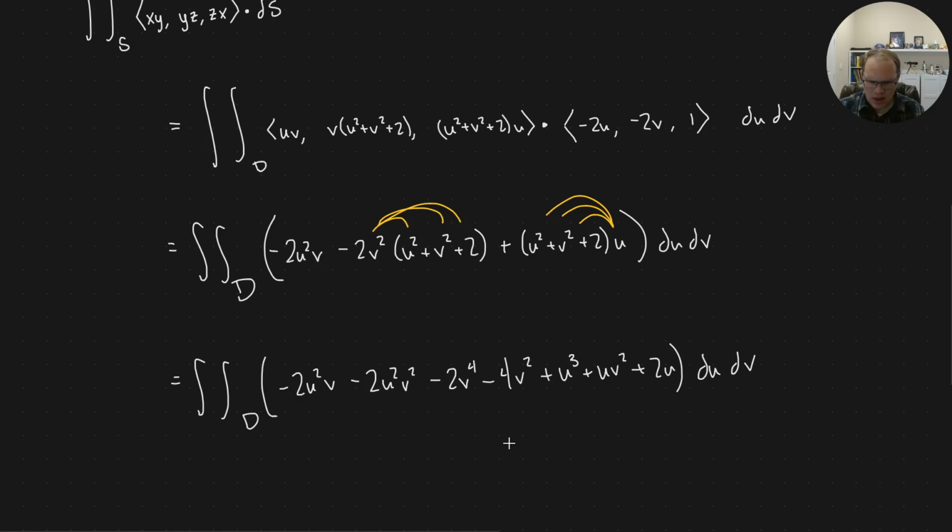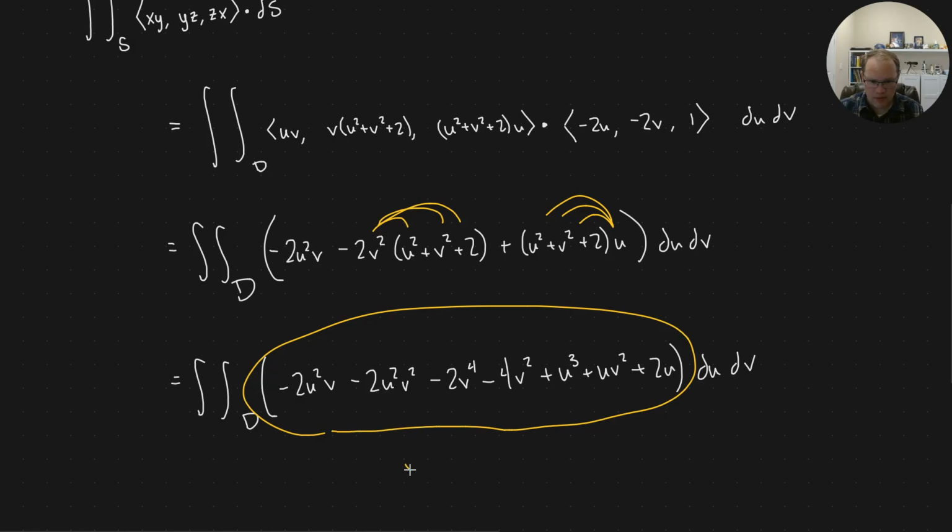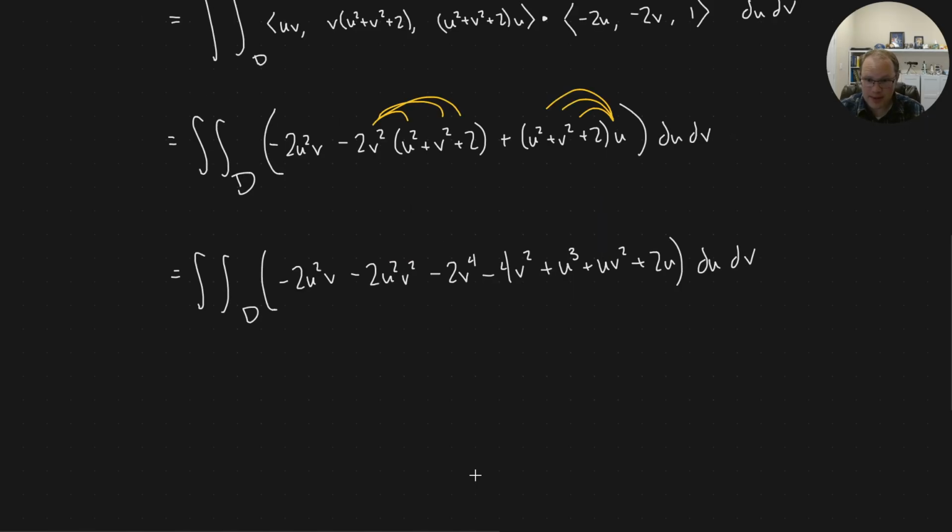Gosh, it doesn't look like I have any like terms. That's okay. It's still a fairly straightforward expression because I'm just going to be applying the power rule every time I need to integrate.